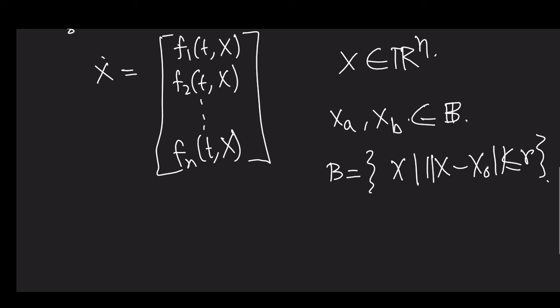For f1 you can have L1, for f2 you can have L2, for fn you can have Ln. But as all these n functions are Lipschitz, all the n constants, all L, should be finite.